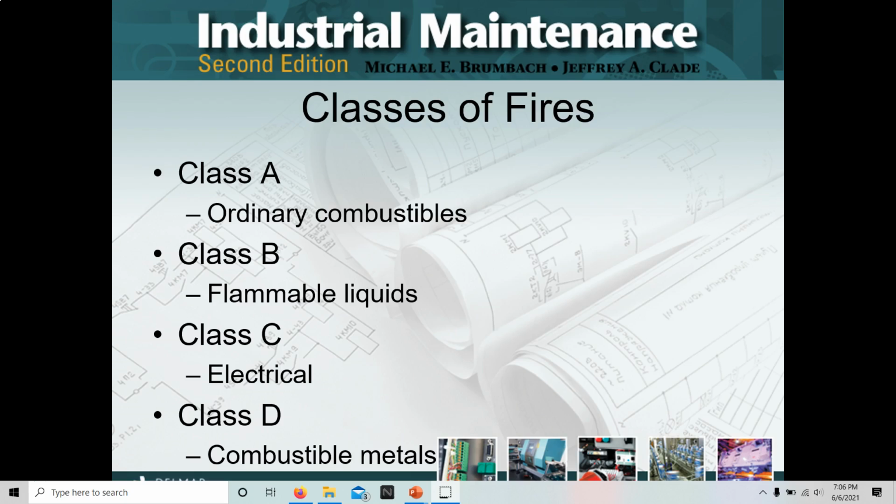Classes of fires. Hopefully, you never, ever have to deal with a fire at work. The best time to know what your responsibilities and actions are supposed to be for a fire is before a fire happens. So please find your company's emergency response plan specifically for fires and learn it.